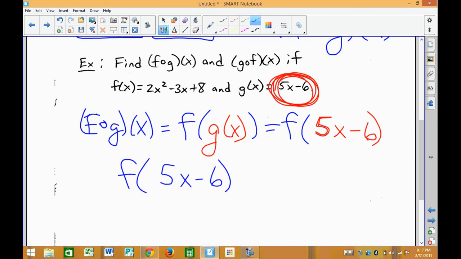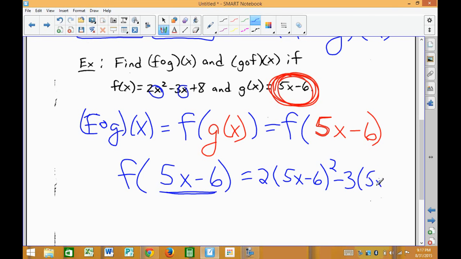It's going to go in everywhere you see an X. So this is going to be equal to, instead of an X, I'm going to put in parenthesis 5x minus 6 squared, minus 3, and instead of x, parenthesis 5x minus 6, then plus 8.